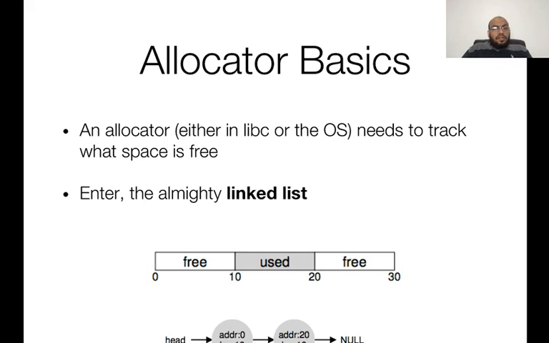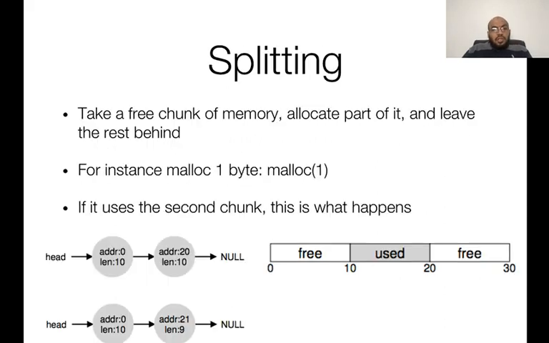So if you need 15 now, you can simply put the first 10 bytes in the first free area, and then use the second 5 bytes, the rest of the bytes, in the second free area. And change your linked list to say that I have only 5 bytes that start from 25 to 30 that are free. So this is an example of how you would do that.